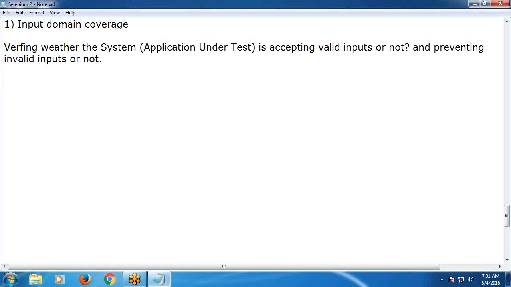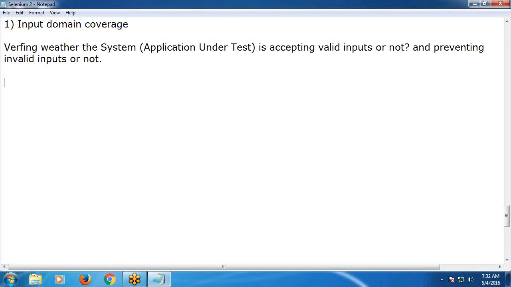Suppose a mobile phone number field is there. For example, as per requirements, it has to accept 10-digit numeric values. If it is a 10-digit numeric value, it accepts. Otherwise, it rejects.